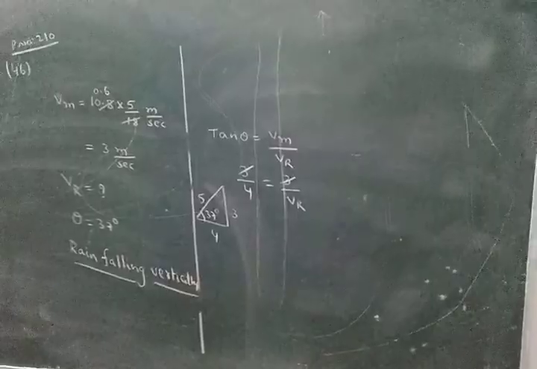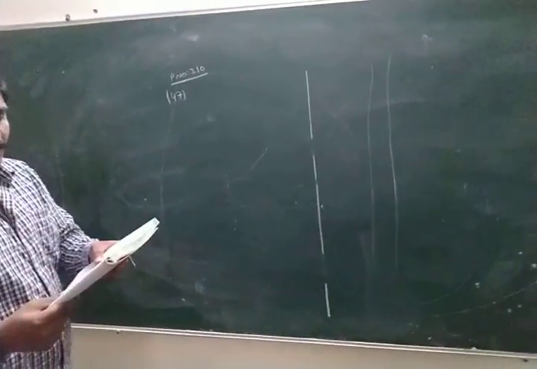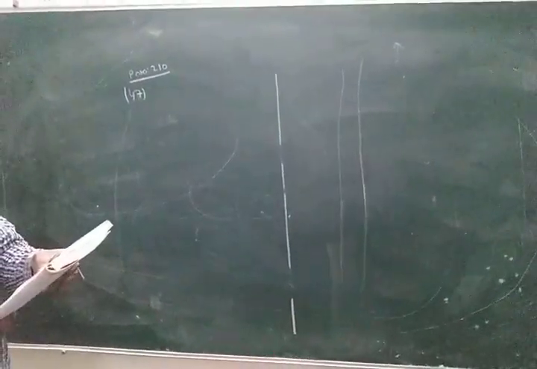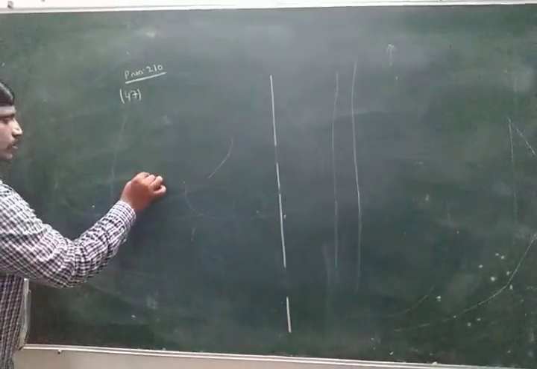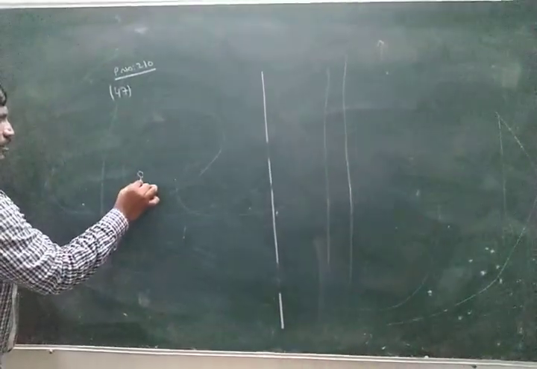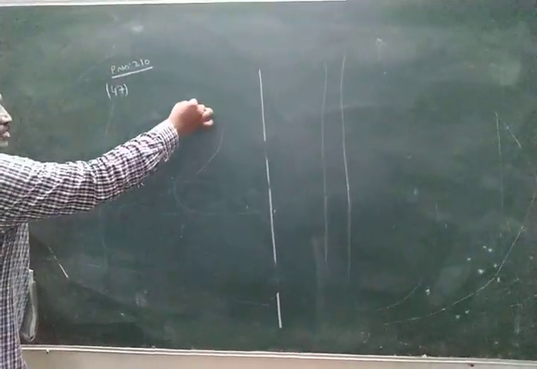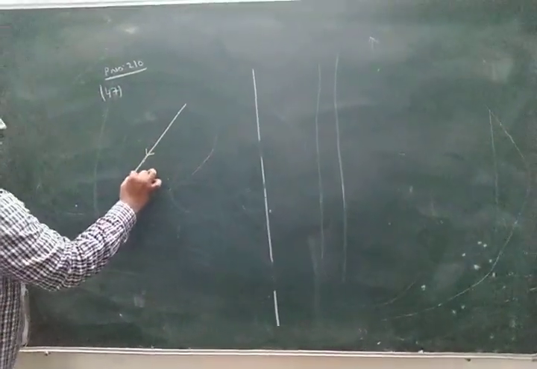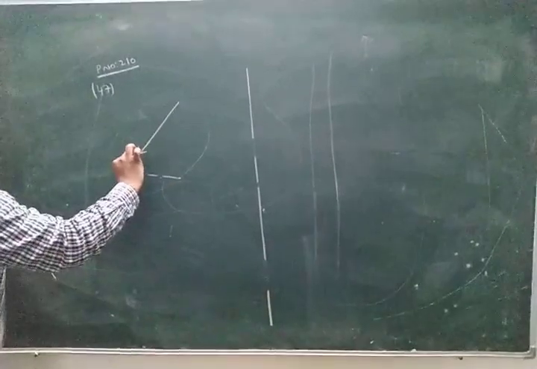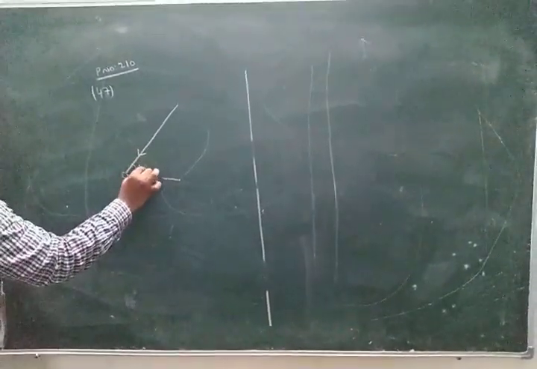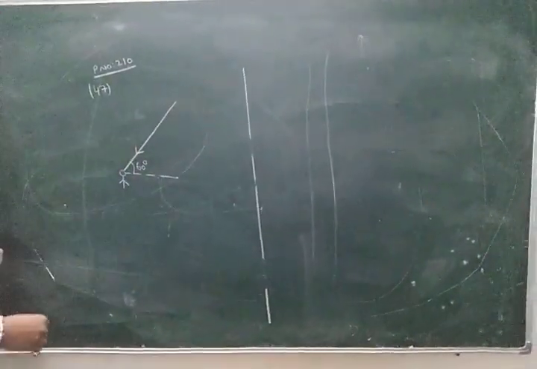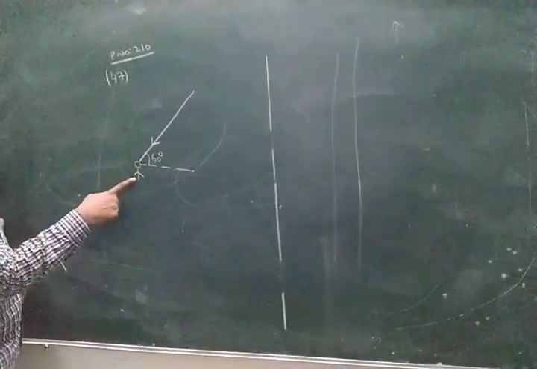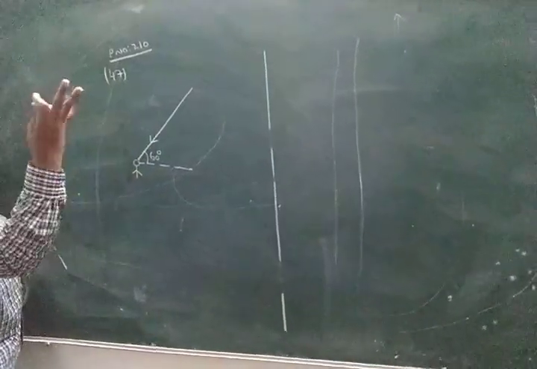Drops appear to him falling at 60 degrees from the horizontal from his front side. For example, here the man is standing. In this situation, rain appears to fall here, and the angle is given as 60 degrees. When the man is standing, simply at rest, there is no relative motion.